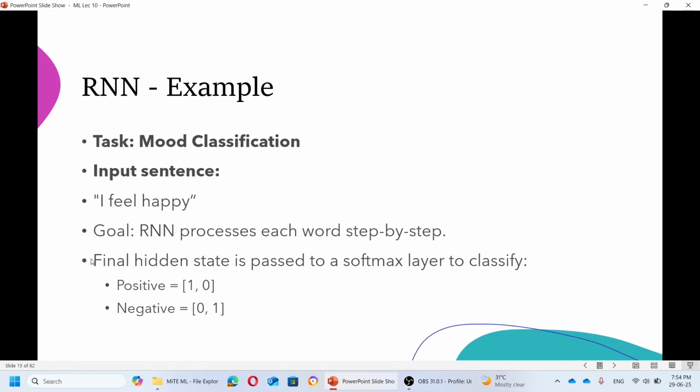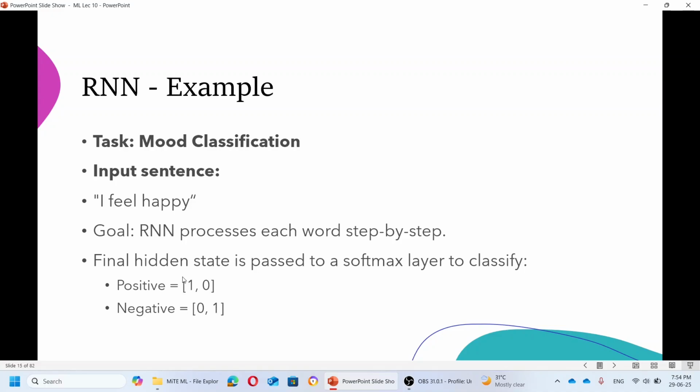This is again one hot encoding where all other values are 0. For positive, the first index of the array is 1, and for negative, the second index is 1 and the other is 0.